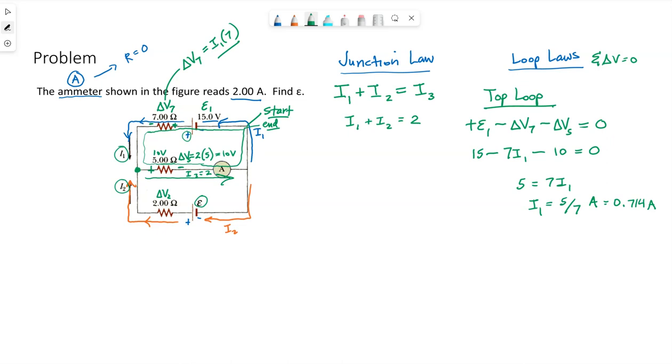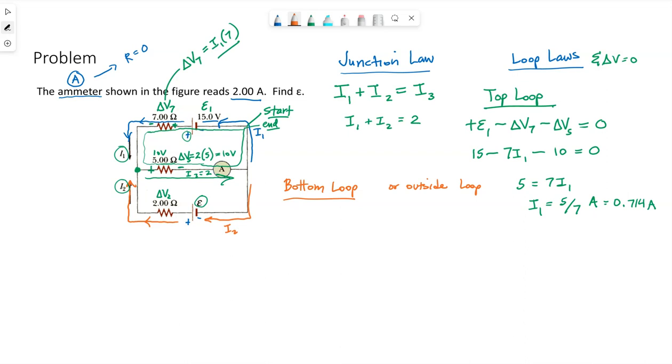The battery voltage is going to come from looking at a loop that takes us through this bottom branch. So either the bottom loop or the whole outside loop. It doesn't matter which one.